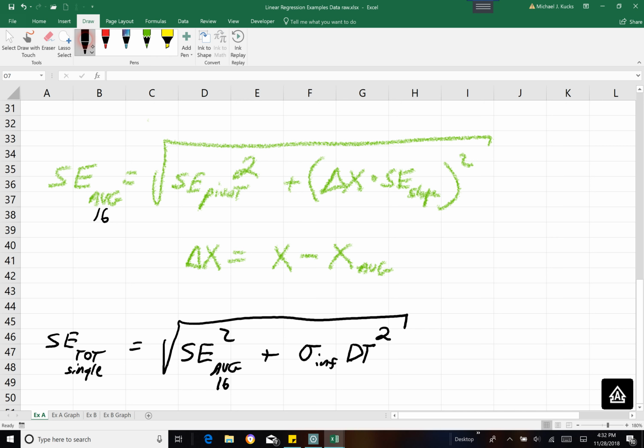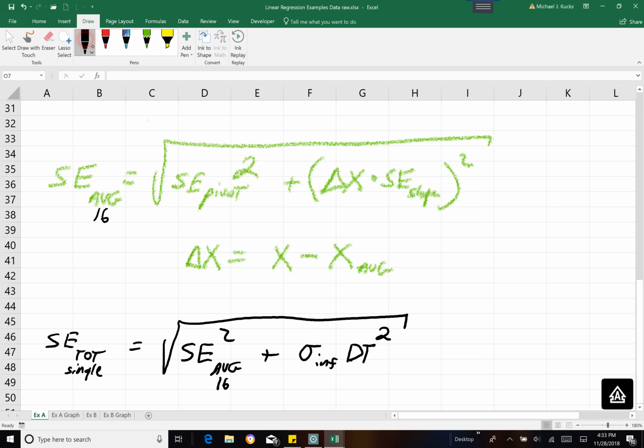This is the population inferred standard deviation of a data point from the trend line. A single data point fluctuates on average this amount. Population inferred standard deviation, DT, we called it. And I add them like Pythagoras again. Square them, add them, take the square root. But I have to add this number in here, okay?